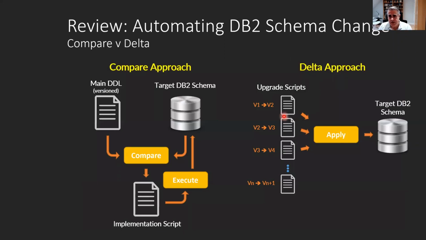So if I had an environment which had been left for a while and was still at version 1, and I needed to get that to version 4, using the Delta approach, I'd have to individually run each one of these scripts to get it to version 2, then to version 3, then to version 4. With the compare approach, I can take my version 4 schema, compare it directly to my version 1 target, and it will come up with an implementation script that's going to do all of the changes in one script.